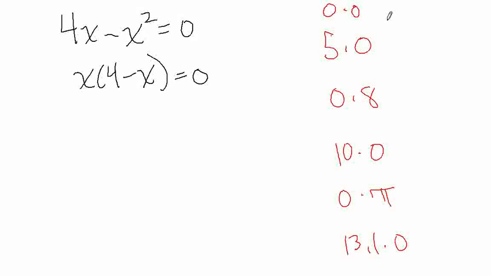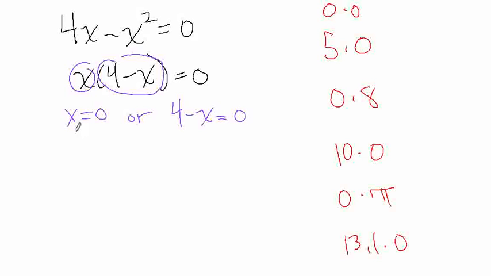So what that tells us is if a product is equal to 0, then one or both of those pieces have to be 0. Okay, we can take advantage of that to figure out the x values that satisfy the original equation. If both of these pieces multiplied together give 0, then either the first piece is 0 or the second piece is 0.